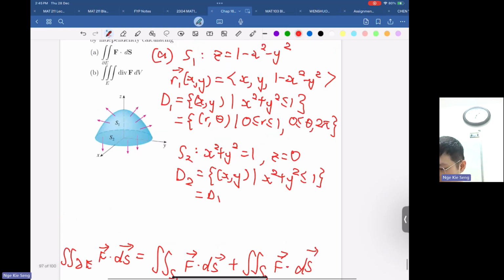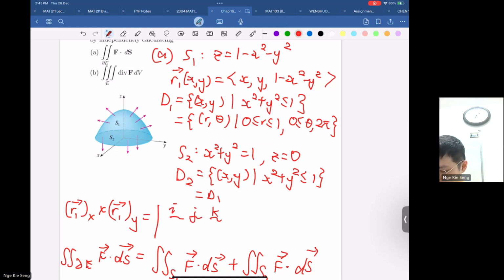Let's look at the r1 case. What is r1x cross r1y? So what's this here? i, j, k. For r1x, I get 1, 0, minus 2x, and then 0, 1, minus 2y. I think we computed this before.